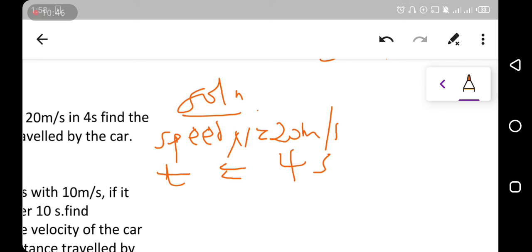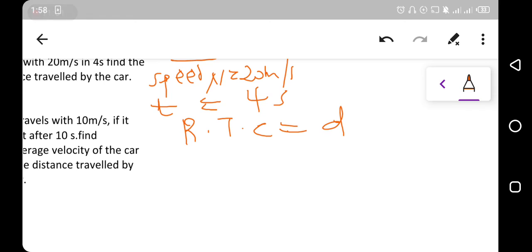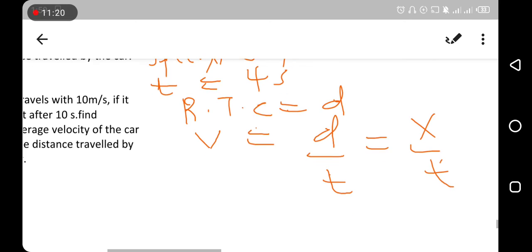We are required to find the distance, and we know that the speed v equals distance over time. Sometimes we may write x over t. So the speed v is given by the distance over time. We are required to find the distance.